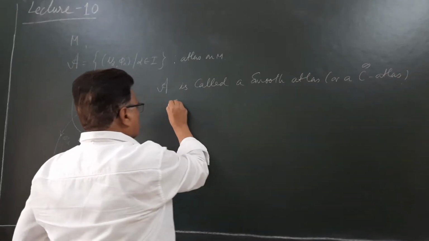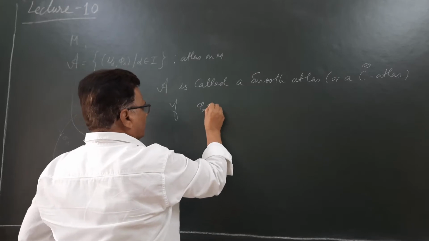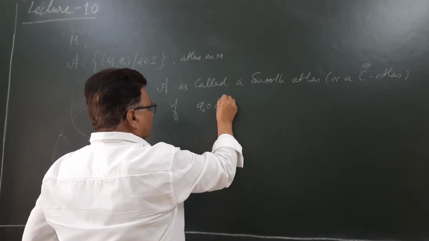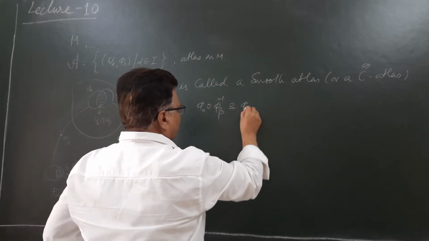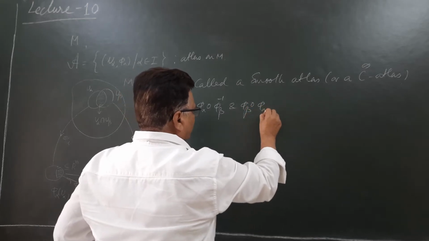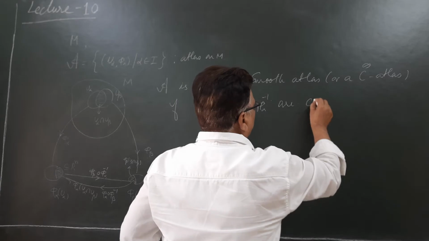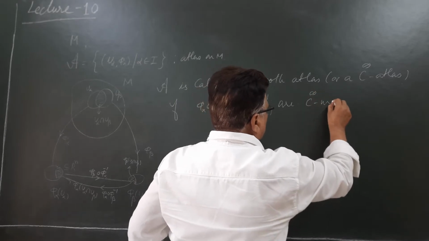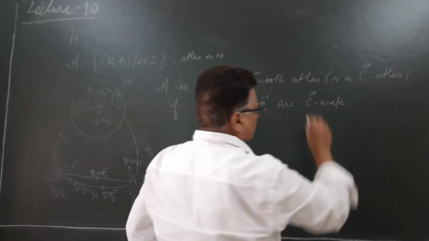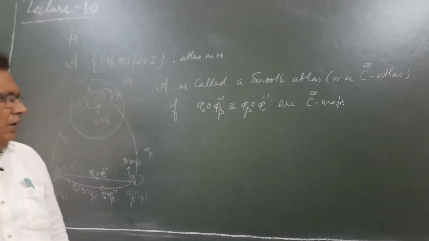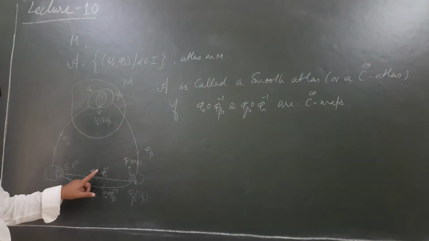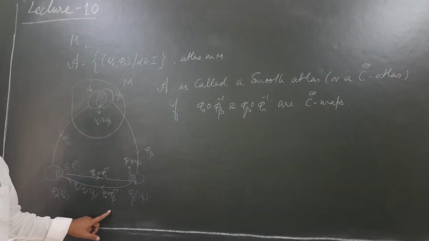if phi_alpha composition phi_beta inverse and phi_beta composition phi_alpha inverse are C infinity maps. One can notice that these two maps are inverses of each other.